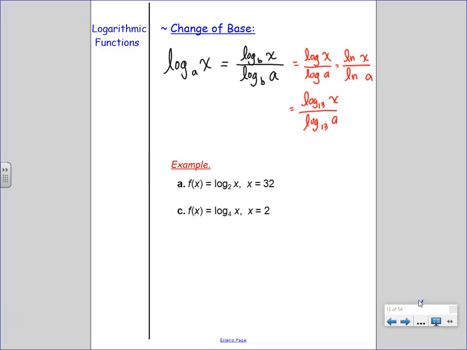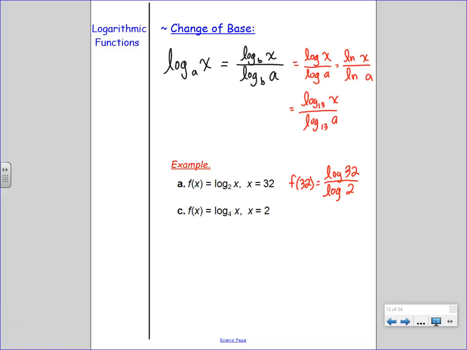And if we did redo them, another way of solving log base 2 of 32 would be, I'm going to say f of 32. Let's assume you can't just plug log base 2 of 32 into your calculator. We could do common log of 32 over common log of 2. That's how we work it out.